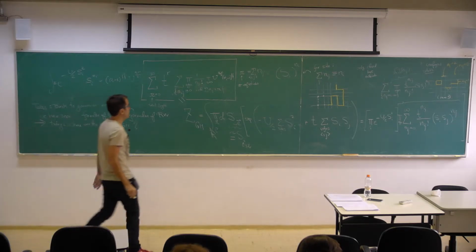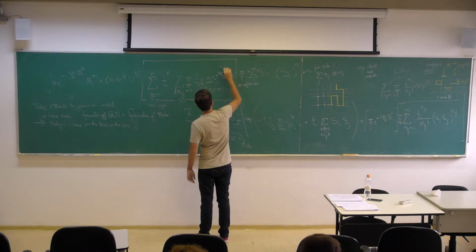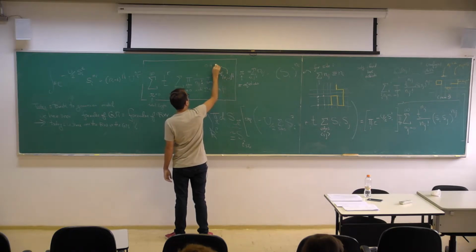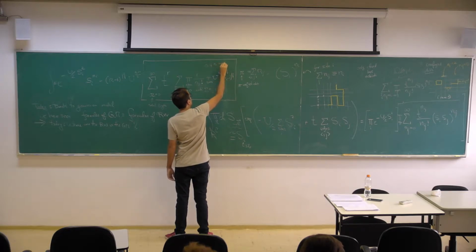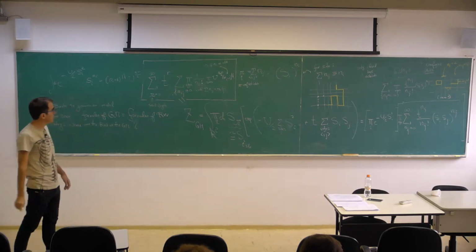And you see that this term is automatically 0 if we define it to be 0 if ni is odd. So if ni is odd, we set it to 0. We need ni to be even.